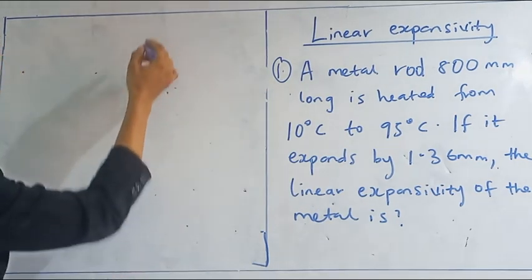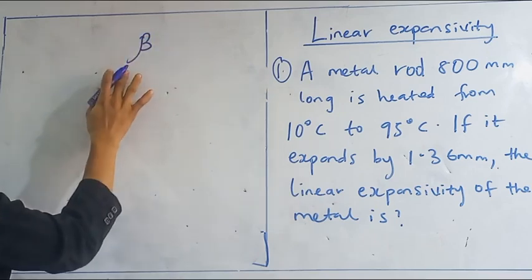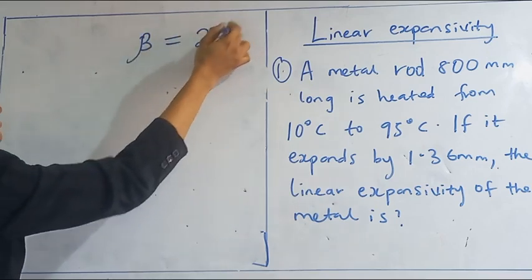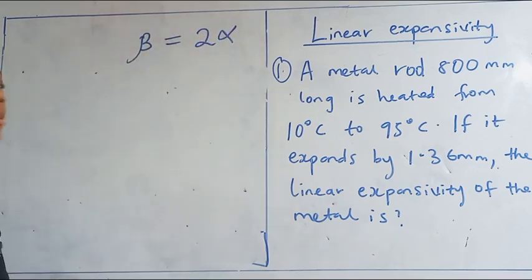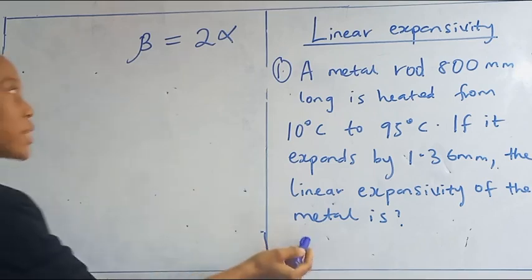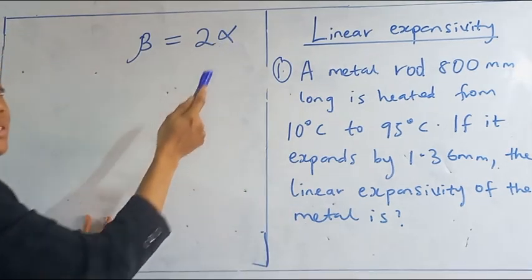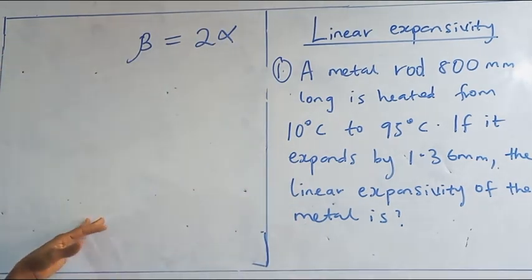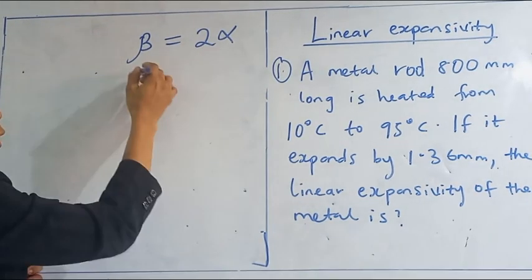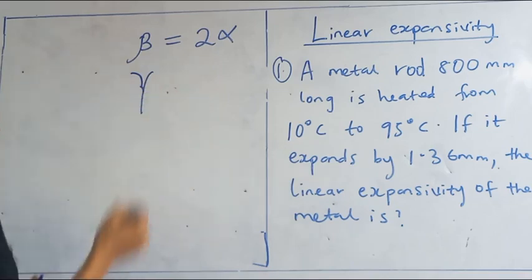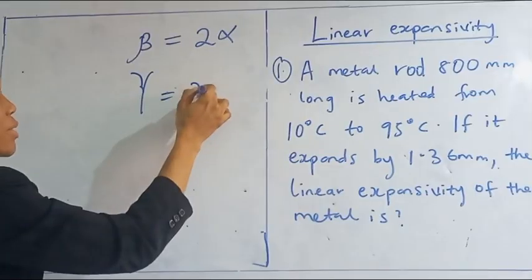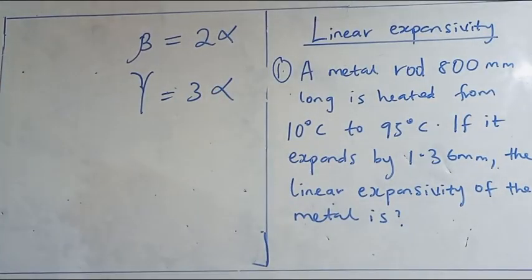Also note that area expansivity is related to linear expansivity by 2 times linear expansivity. Sometimes in the question, if linear expansivity is not given and this is given, you can find it. Then there is also volume. Cubic expansivity is 3 times linear expansivity.